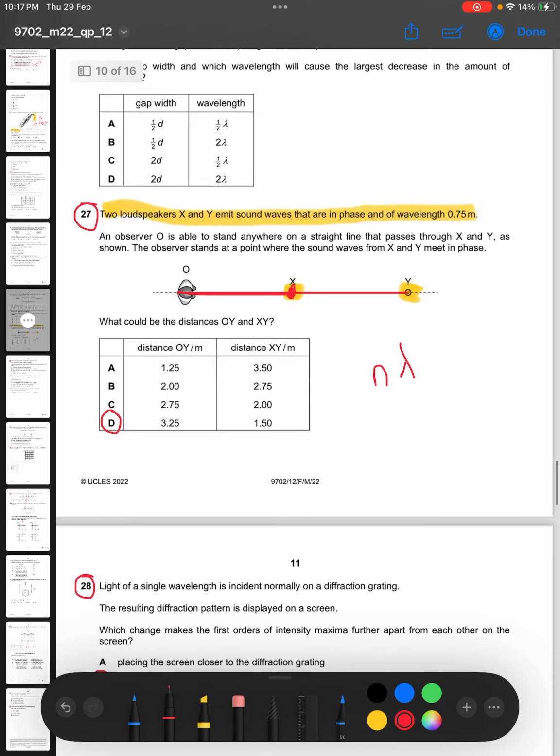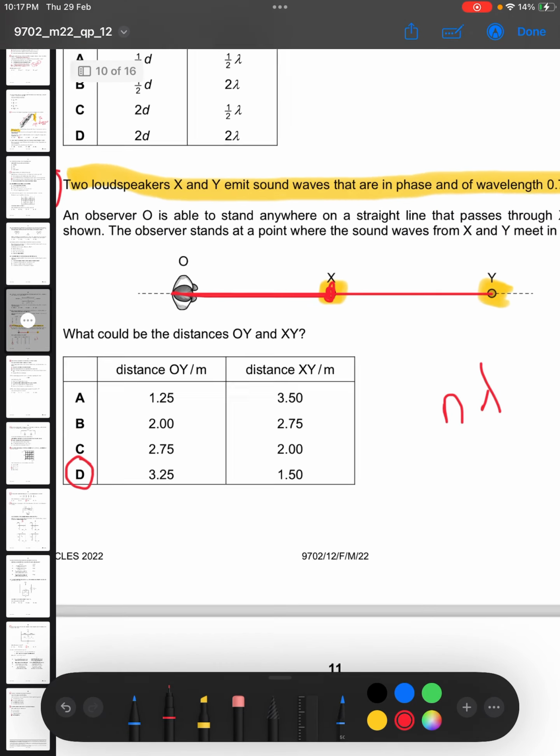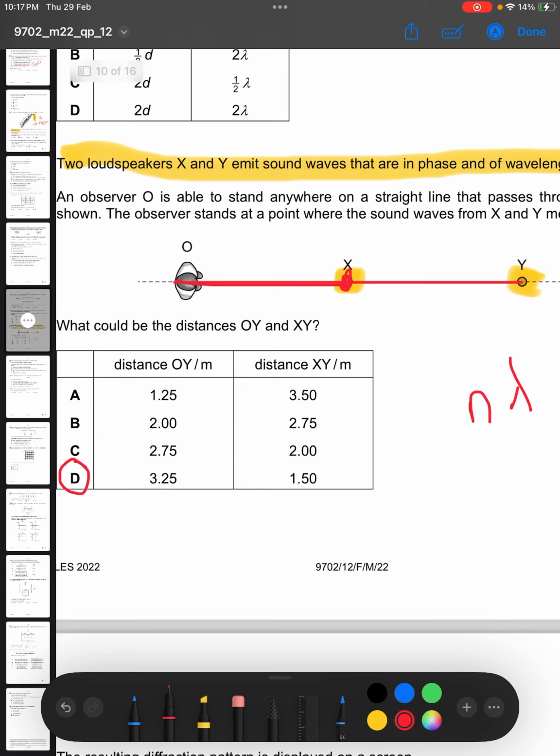Now, it is obvious that OY, the distance from O to Y, cannot be less than the distance from X to Y, as long as this object is at this side.